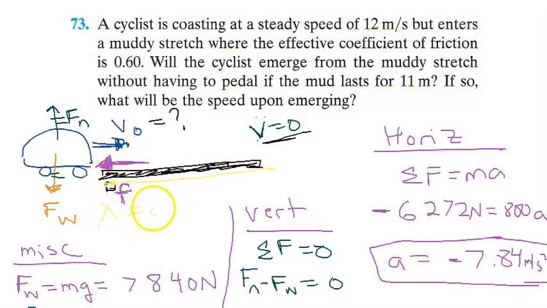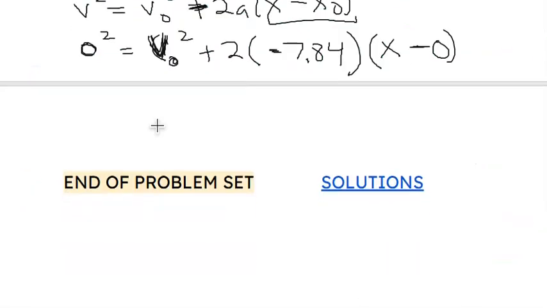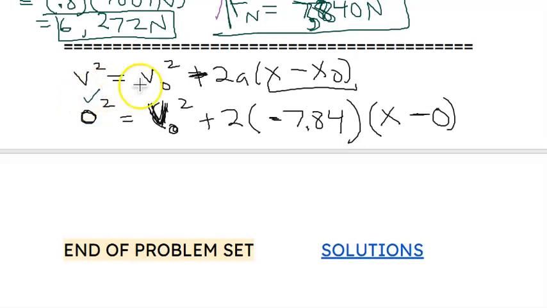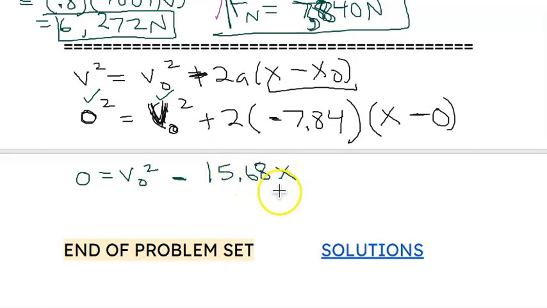So this x naught is 0. Okay, so came to rest. This is what we're looking for. So this is 0 equals V naught squared minus 15.68 x. Oh, sorry, we know x. X was 72 meters.